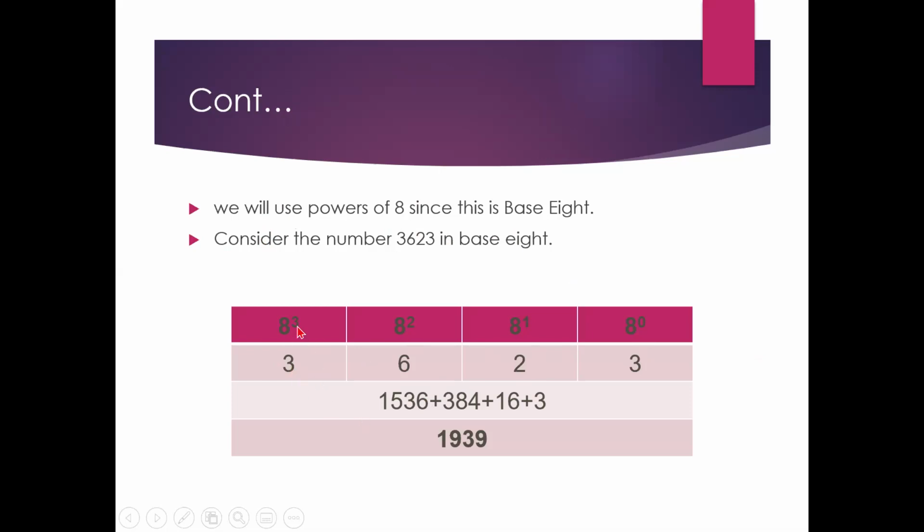And to convert it, 8 into 8 into 8 into 3 is this much. 8 into 8, that is 64 into 6 is 384. 8 power 1 is 8. 8 into 2, 16. 8 power 0 is 1. 1 into 3, 3. When you sum up these values, 1939 is the equivalent decimal number for 3623, which is the octal number. So this is how the octal numbers also can be converted into their equivalent decimal number.